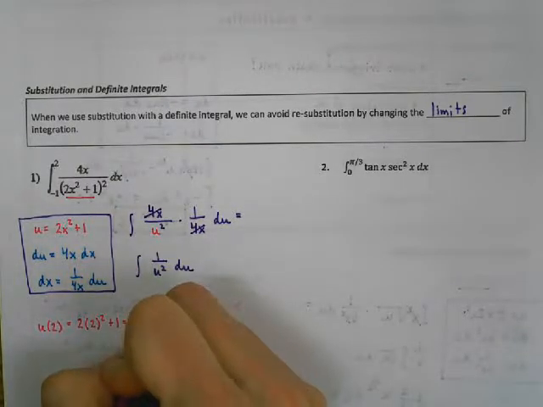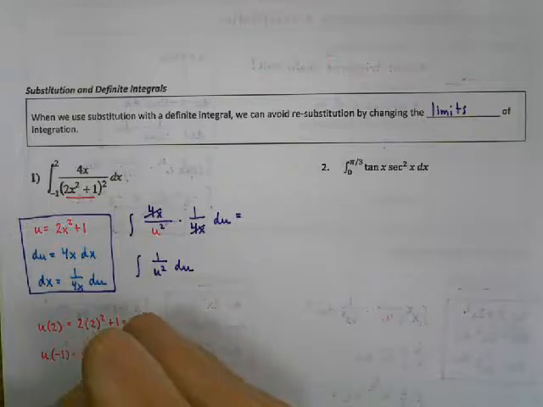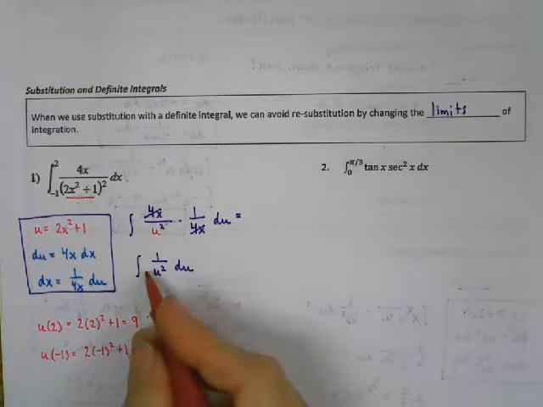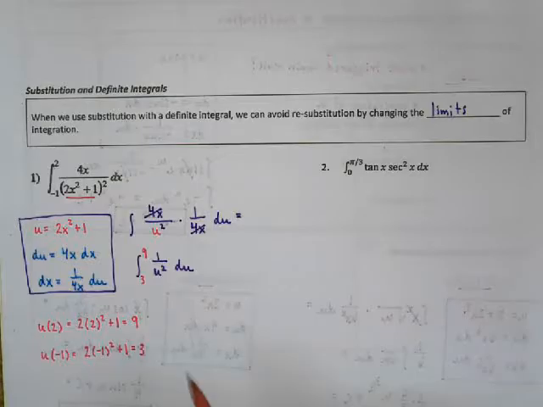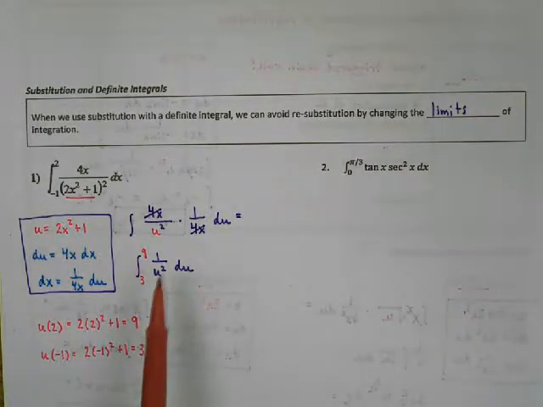That's going to give me 9. And I'm going to take u of negative 1, which is going to give me 2 times negative 1 squared plus 1, which is going to give me a 3. And now I'm going to use those new limits for my integral. That just prevents me from having to go back and resubstitute for x. I can just leave everything in terms of u.